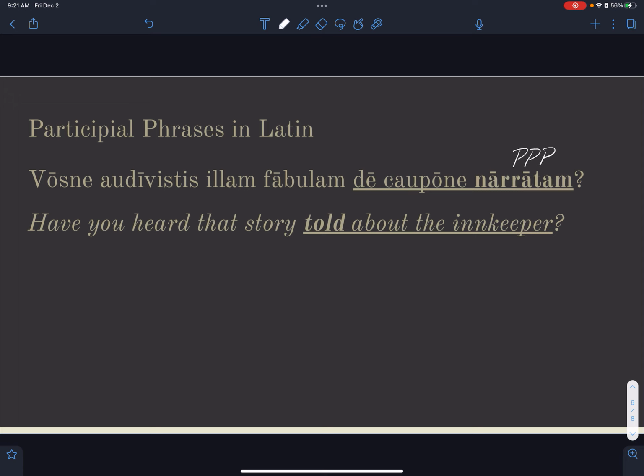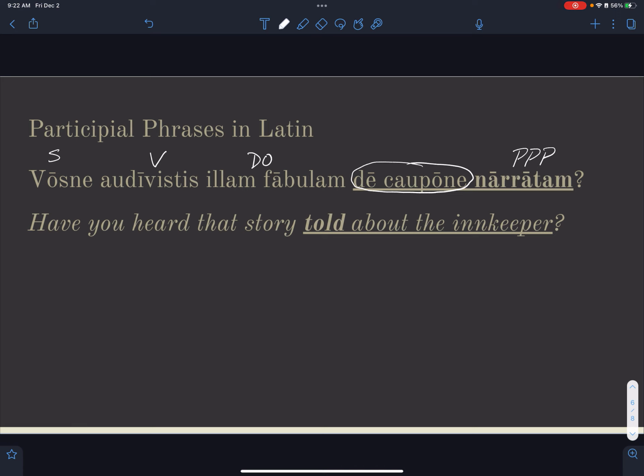De calpone is a prepositional phrase, so I'm going to circle that. Now it's a question, but the subject is vos. Audivistis is my main verb, and illam fabulam is my direct object, accusative.